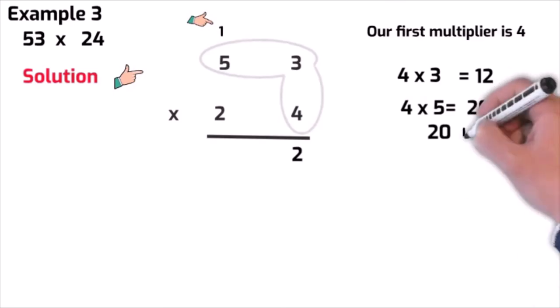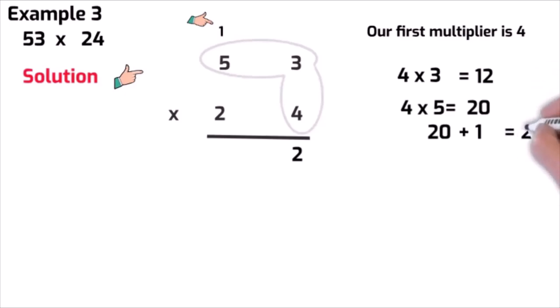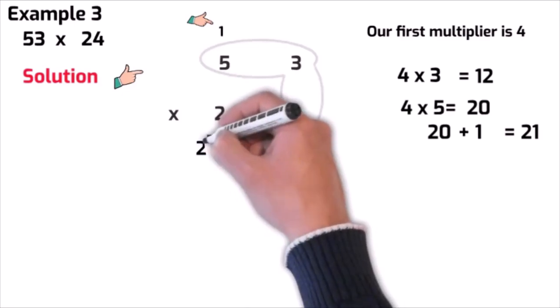So we have 20 plus 1. 20 plus 1 is equal to 21. We go to the left hand side and write down 21.